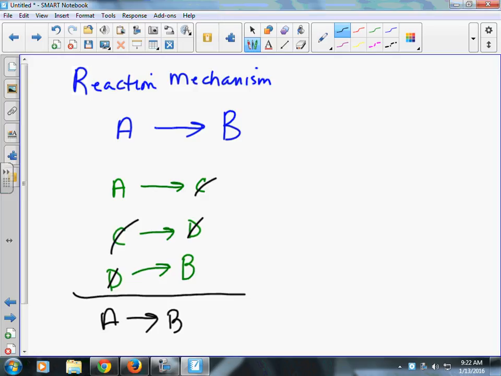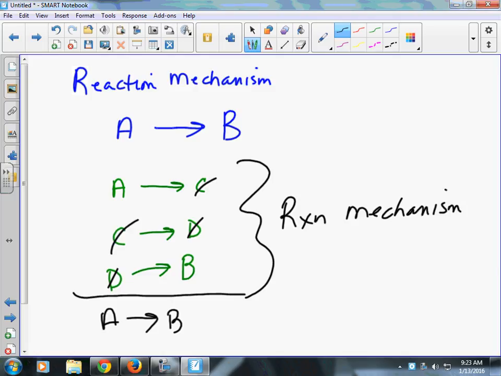We obtain rate laws, and from that, we can figure out this stuff. Or we might be able to use this stuff to come up with a rate law. This whole thing here is called the reaction mechanism.